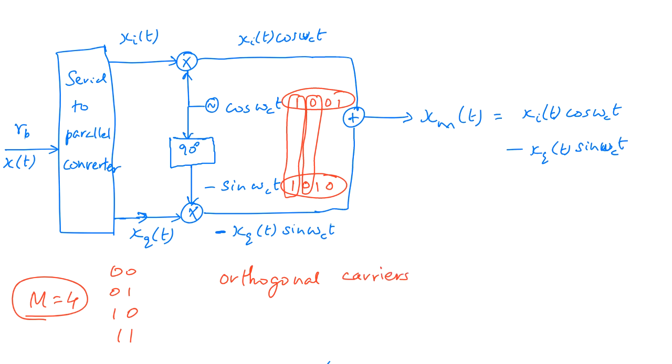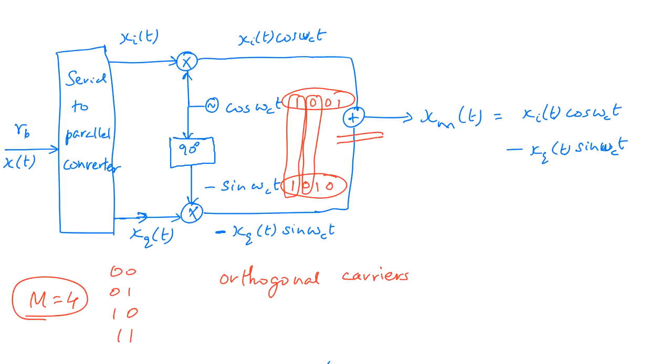And orthogonality means when two signals are orthogonal to each other and you add them together, like we're adding here xi(t) cosine omega_c t and xq(t) sine omega_c t, it's easy to separate them out because they are 90 degrees apart in phase. So the separation becomes easier.